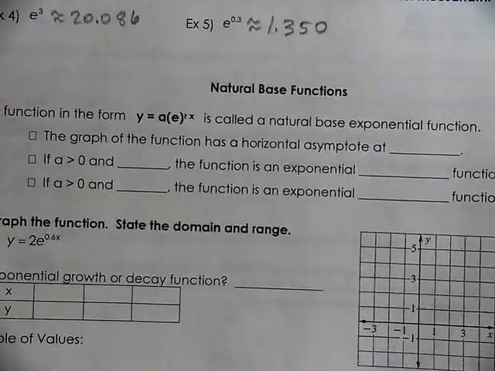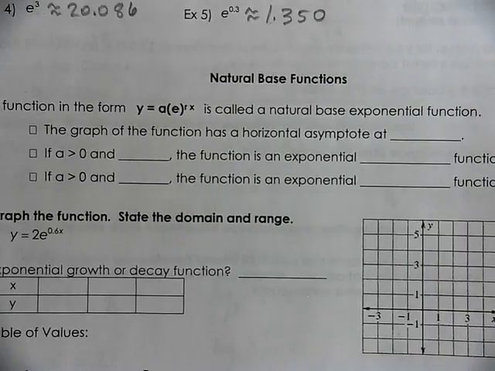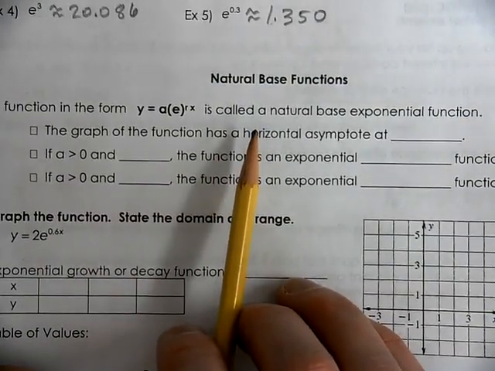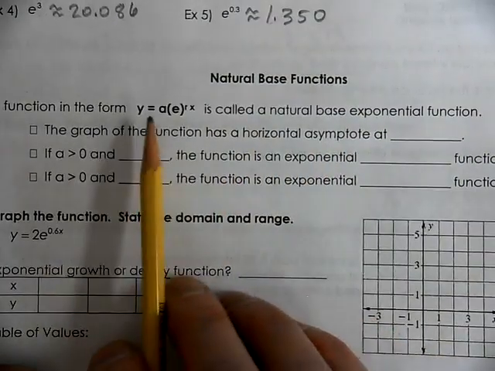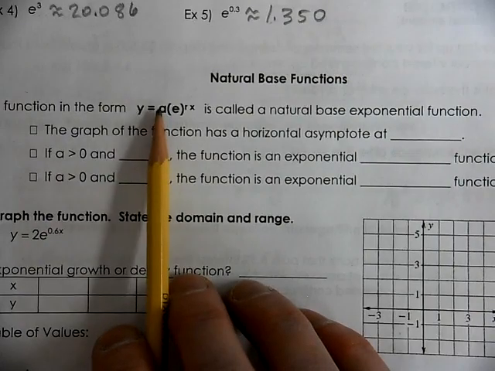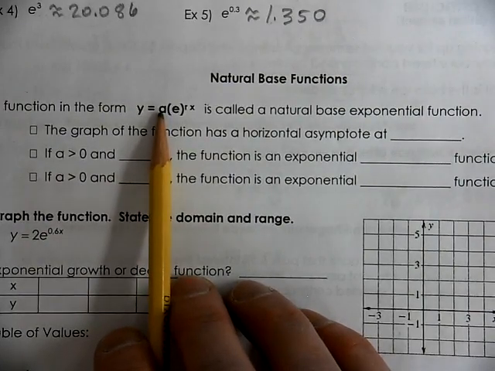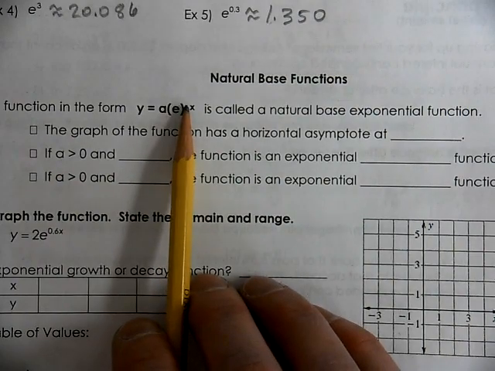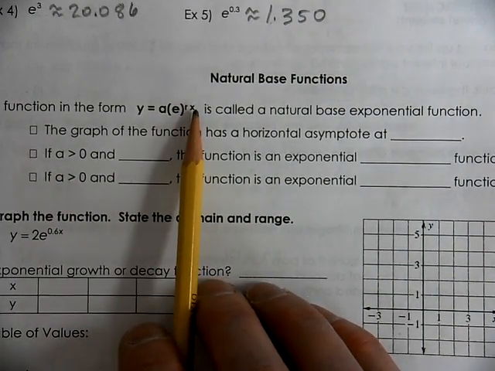When we talk about graphing, we've talked about exponential growth and exponential decay before. This function, a is like the a's that we've worked with all year. e is the base to the power of rx.